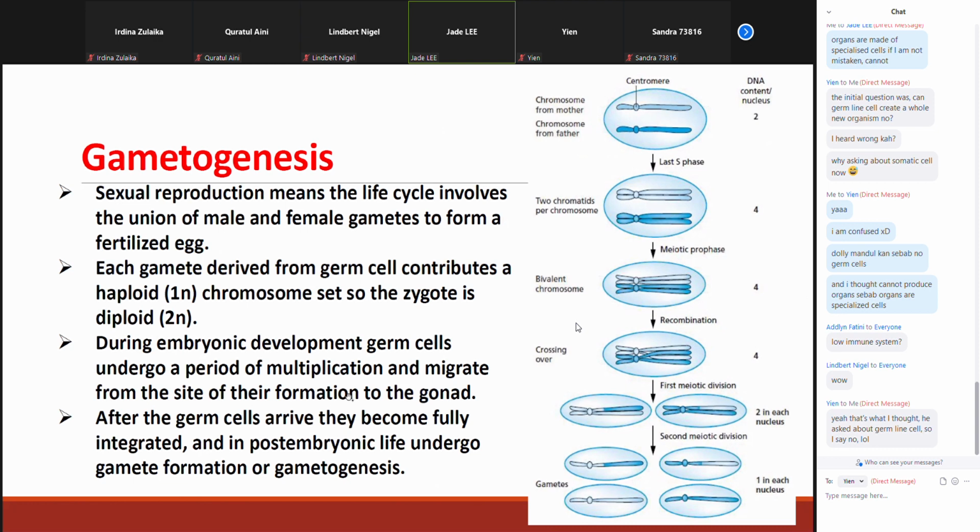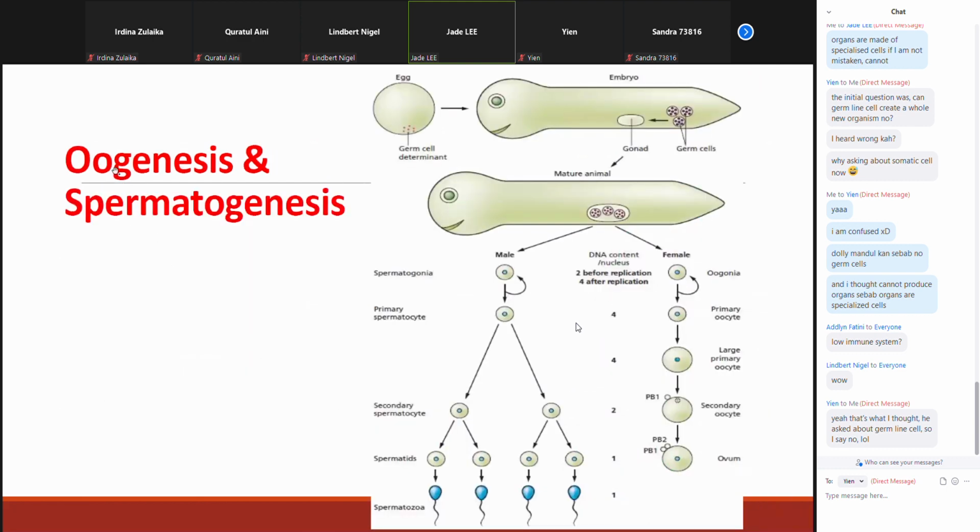After the germ cells arrive, they become fully integrated, and in post-embryonic life undergo gamete formation, gametogenesis. Gametogenesis can be divided into oogenesis and spermatogenesis.